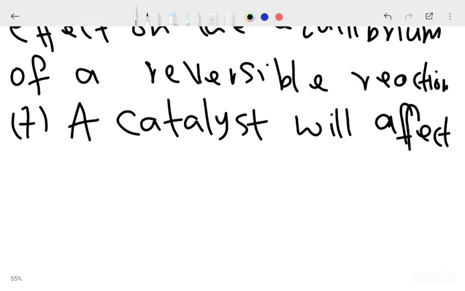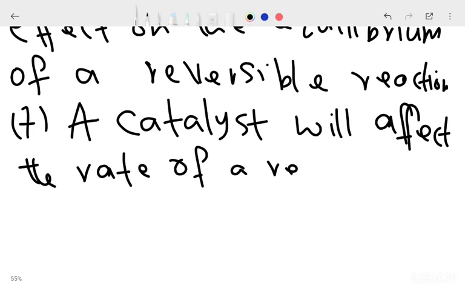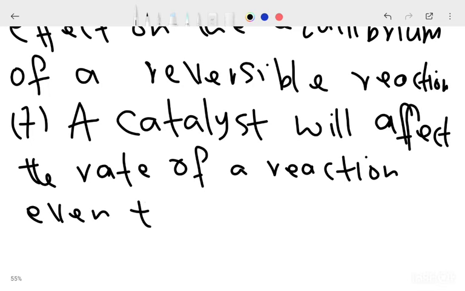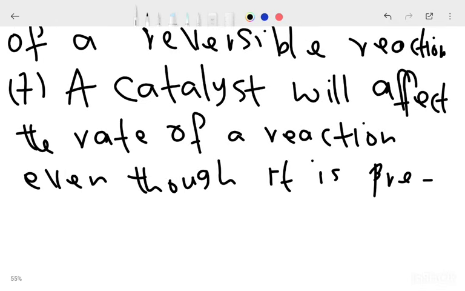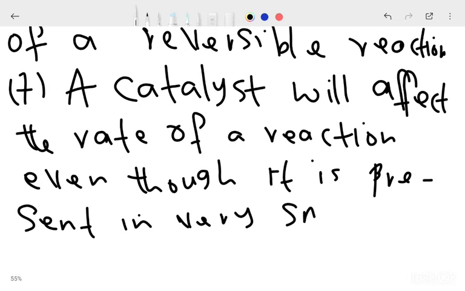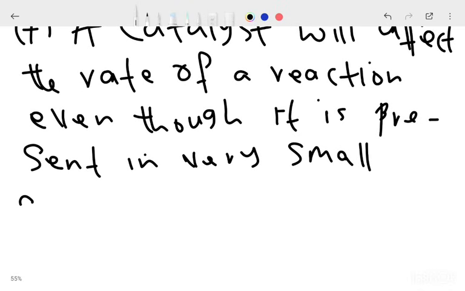Number 7, a catalyst will affect the rate of a reaction even though it is present in very small amounts. Full stop.